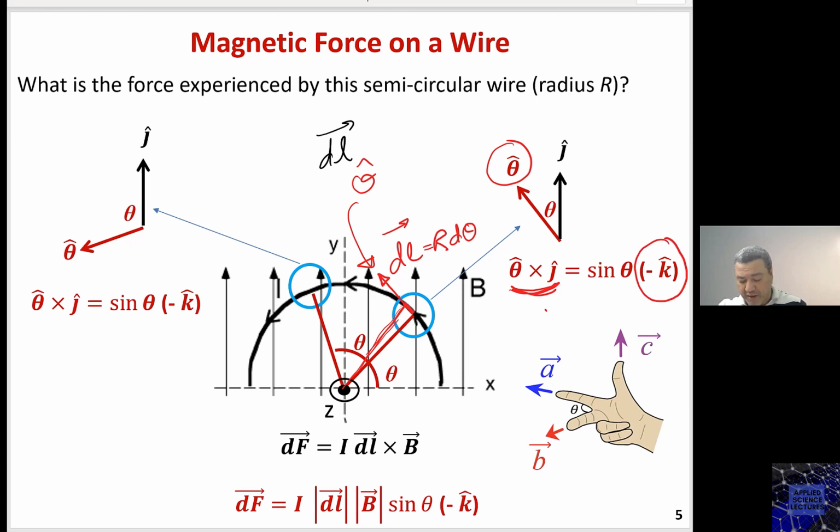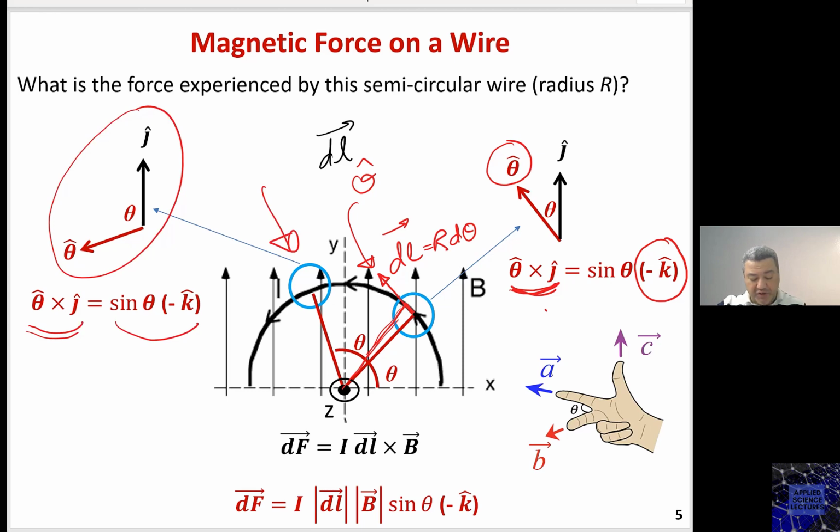So here we have theta hat cross j hat equals sine theta in the direction of minus k hat. Even if you look at any point on this semicircular path, even at this location, theta hat cross j hat is going to give you sine theta minus k hat.